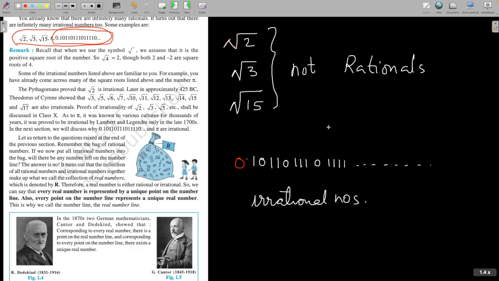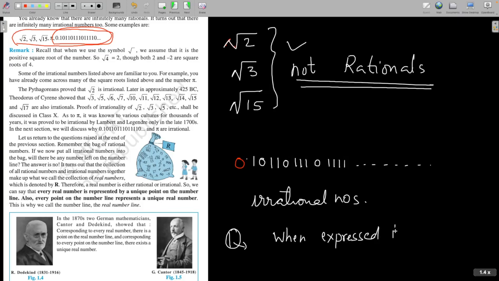So the question at this stage is, why are these irrational? Or why are these numbers on this page not rationals? Now this question can be answered by an interesting property of rationals when expressed in their decimal form.